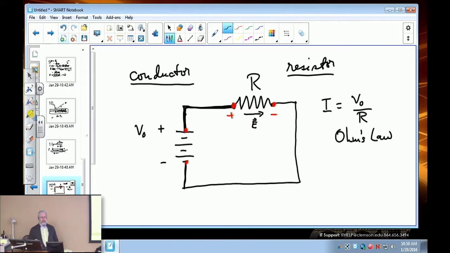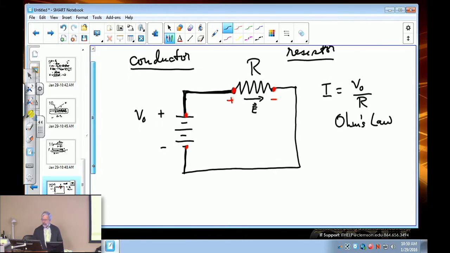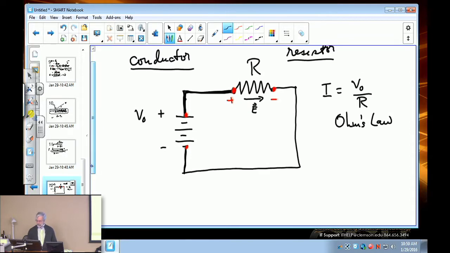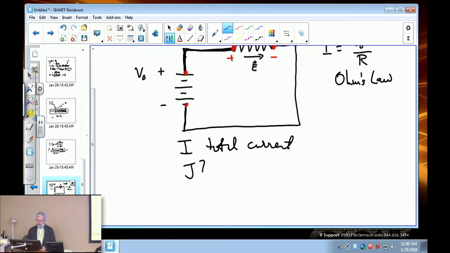Okay, so if I hook up a battery to a resistor like that, I'll just get current flow as is constructed here. And you'll study the nature of this current, how this current is related to current density. I is the total current. And we'll talk next time about how that's related to J, which was a current density.